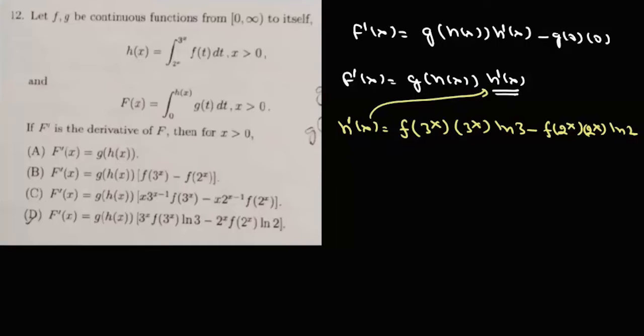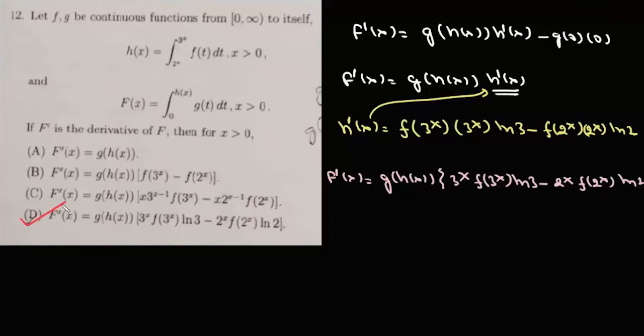So now we can write this f dash x will be g of h(x), and then we'll write the derivative h dash x, which is 3 to the power x f of 3 to the power x log 3 minus 2 to the power x f of 2 to the power x log 2, which is your option D. So answer to this question is this option D.